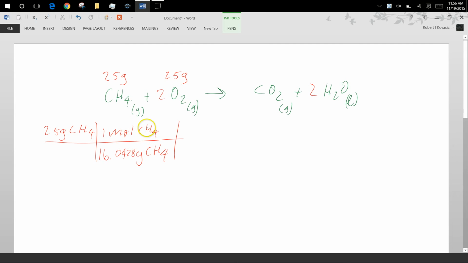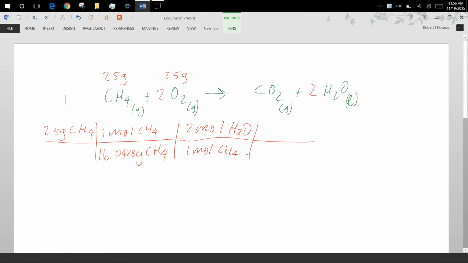Okay, so what this first step does for us is, this is a mass of methane, and then this is a number of methane molecules in terms of moles. So we basically just counted the methane molecules in 25 grams of methane. I don't care exactly how many methanes there are. What I want to know is what's going to be in the container. So we're going to see how much, say, water this makes. So I'll put 1 mole of methane down here, and then 2 moles of water up top.